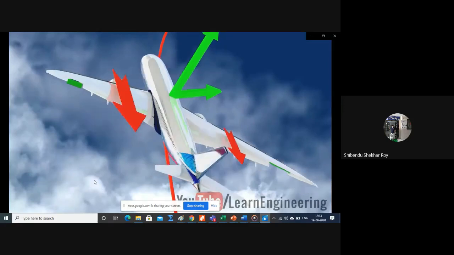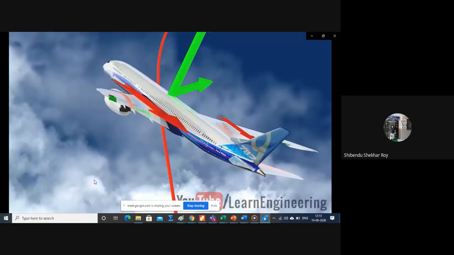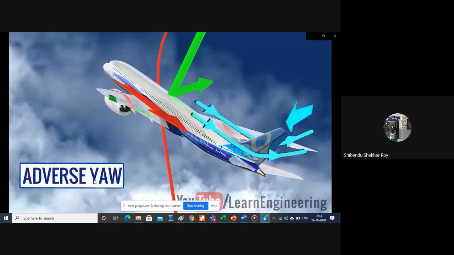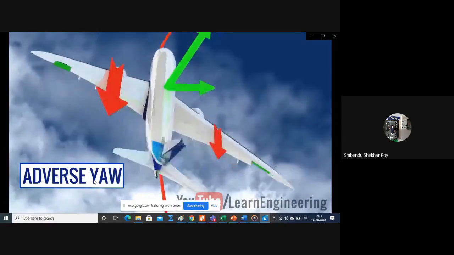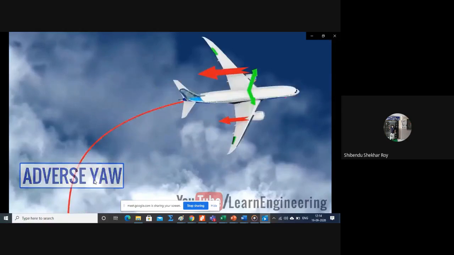See, because of the different drag, the plane can move this way, and that has to be neutralized. This adverse yaw has to be balanced again by the back side rudder.